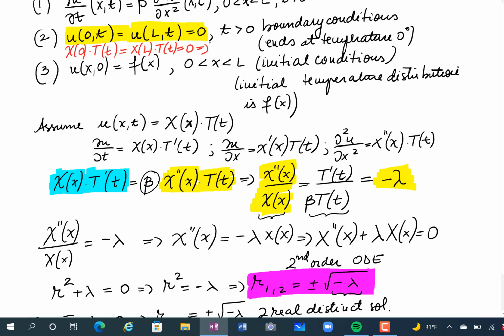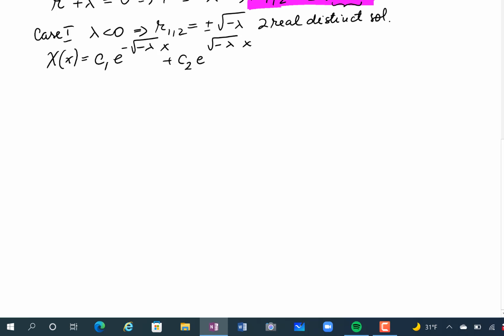So T(t) cannot be 0 because then it's going to give us u equals 0. So that's a trivial solution. But we can have X(0) equals X(L) equals 0. So these are the boundary conditions that we are going to use here in our problem. So X(0) equals X(L) equals 0.